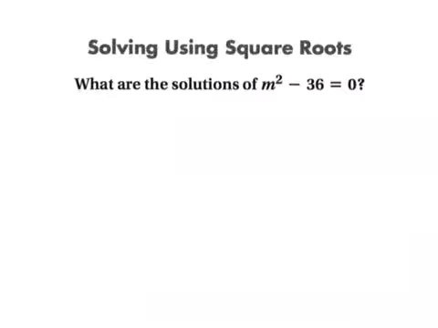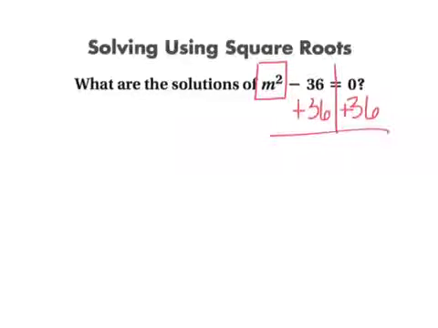Right? So solving by using square roots. My equation is m squared minus 36 equals 0. My first goal is to get my variable squared by itself. So if I draw this line right here, it means I need to get rid of that negative 36. So I'm going to add 36 on both sides. Now I have the equation m squared equals 36. And to find the value of just m, I need to undo that square.